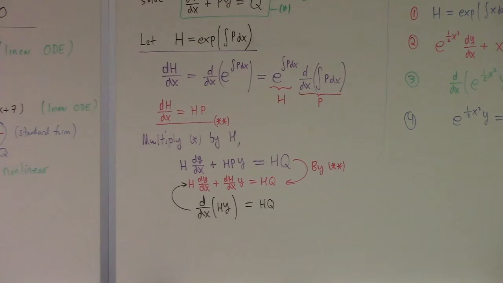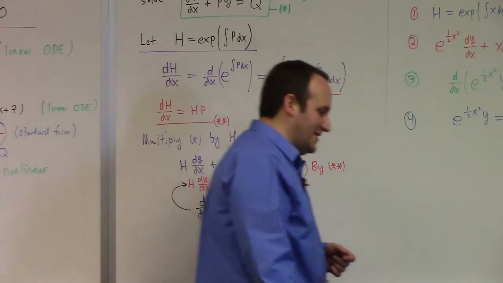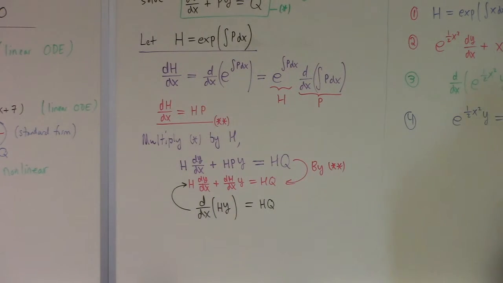Going down the board, you have what I call the reverse product rule. Multiplying by the integrating factor makes the application of the reverse product rule not an accident, but an inevitability. It will happen.